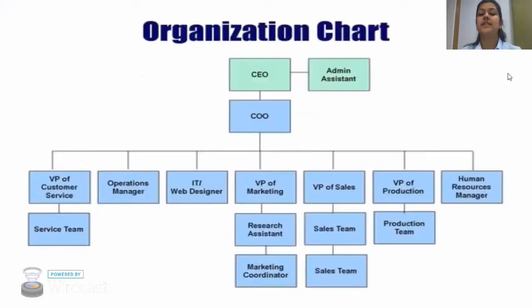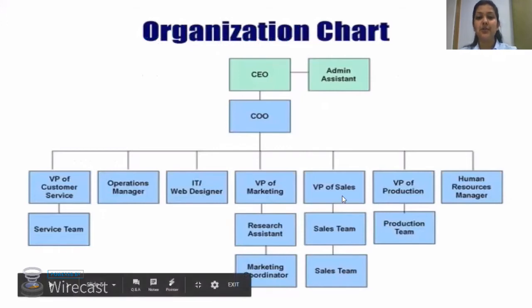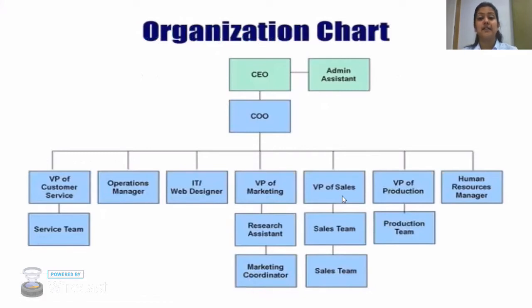Now here is a chart depicting a tall organizational structure. So here there would be a CEO of the company, that is the founder, the main person. It can be the president as well. Then under him would be the COO, the Chief Operating Officer. These days we have CFO, which is the Chief Financial Officer. We have CTO, the Chief Technical Officer.